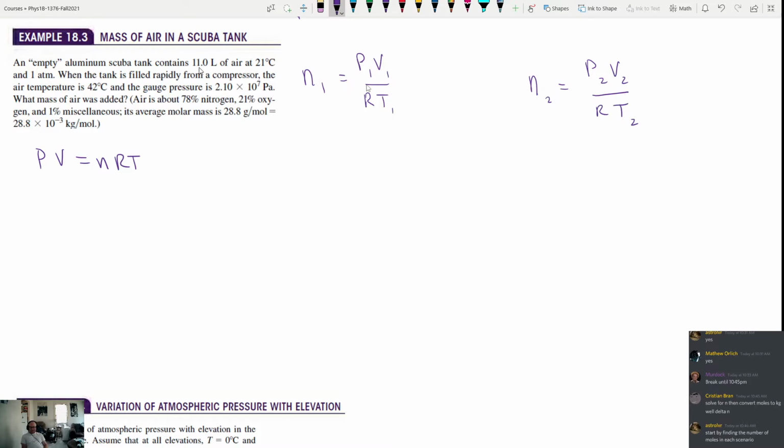And then we can just write down what we have. We know that the scuba tank has a volume, which we'll call V1, that's equal to 11 liters. I don't think the volume changes, so this is also going to be equal to V2. The air has a temperature, T1, that's 21 degrees Celsius, which we add 273 to, and we'll get 294.